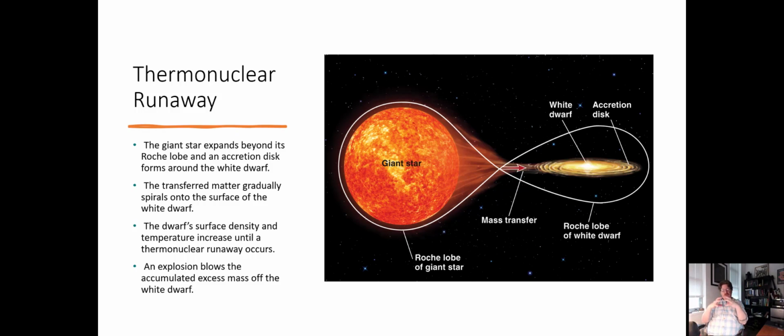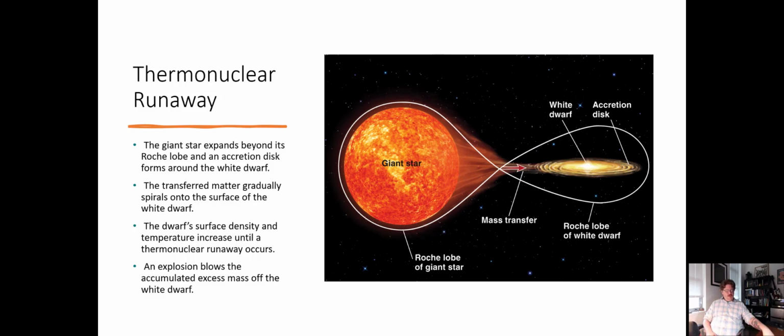That material is going to collapse down, get very hot, and start burning that hydrogen into helium. And when it does so, that causes an explosion, and that is what causes that nova to occur.